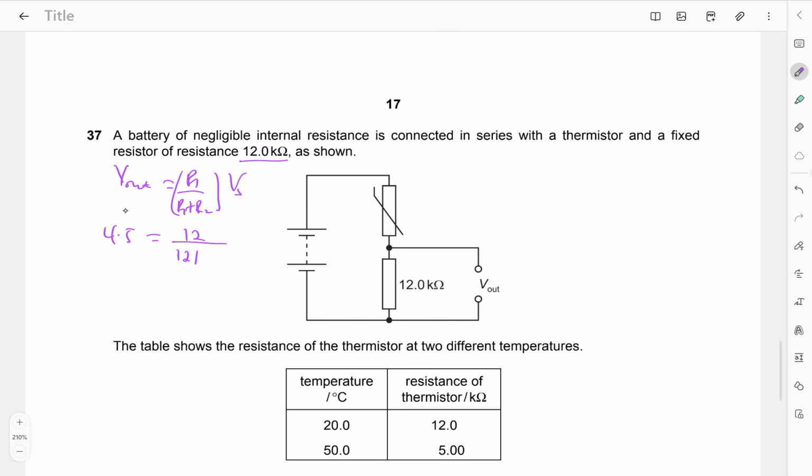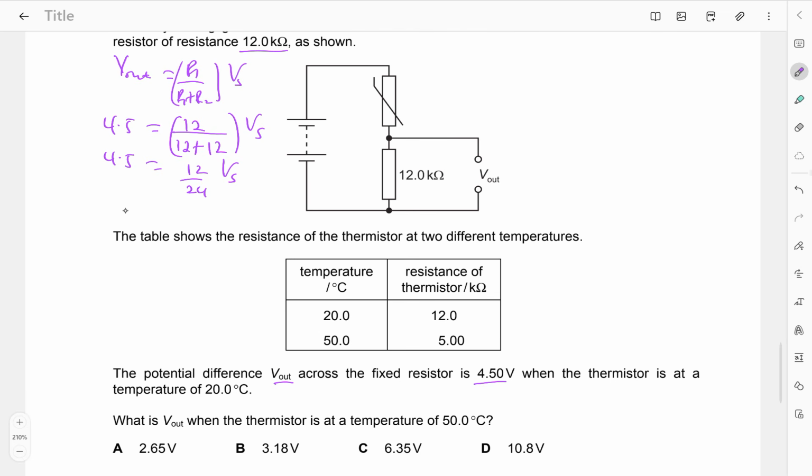Total resistance is 12 plus the thermistor at 20, which is 12 also. So this is 12 over 24 times Vs. So 4.5 is equal to 12 over 24 times Vs.